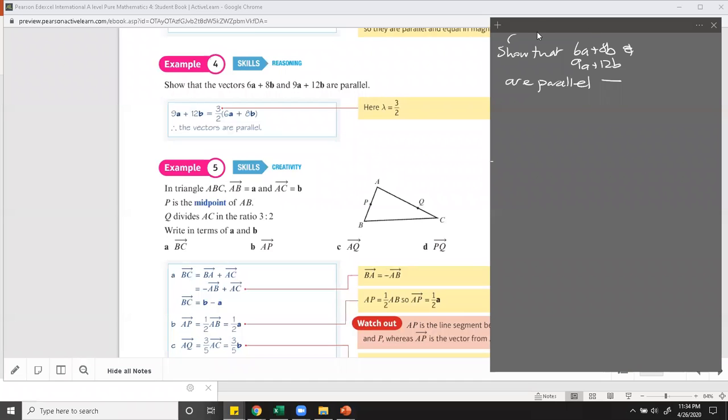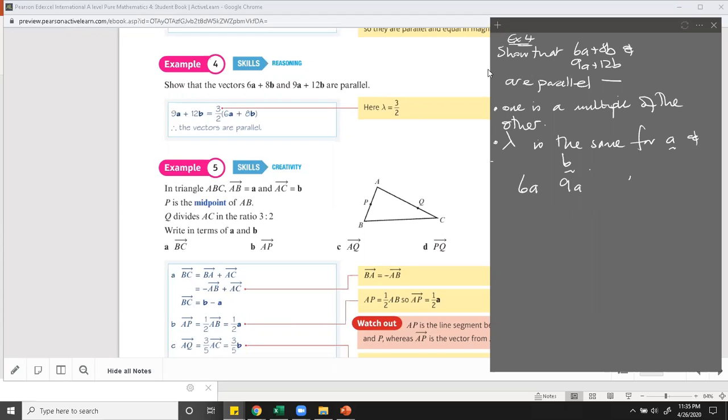Now example 4 then. It says to show that the vectors 6a plus 8b and 9a plus 12b are parallel. That means that one is a multiple of the other, remember? So how can we show that? Well, we have to show that lambda is the same for the a's and the b's. So you've got 6a and 9a.